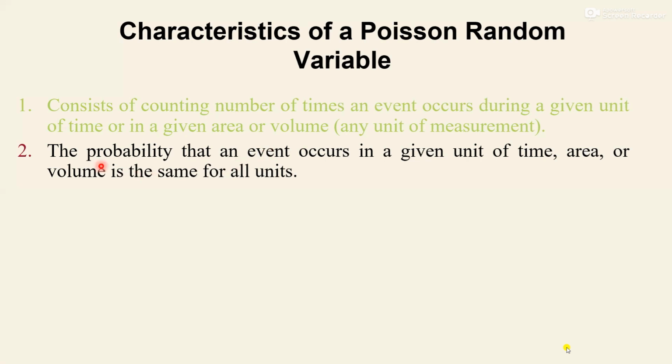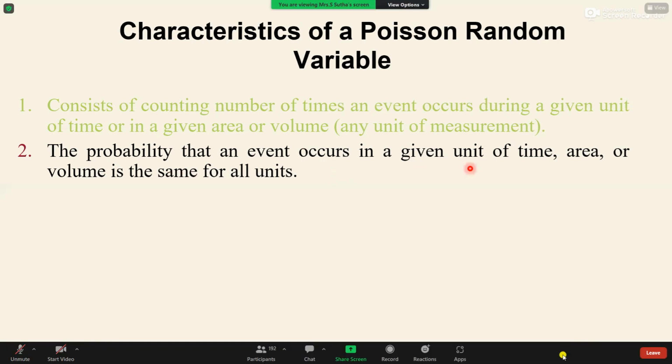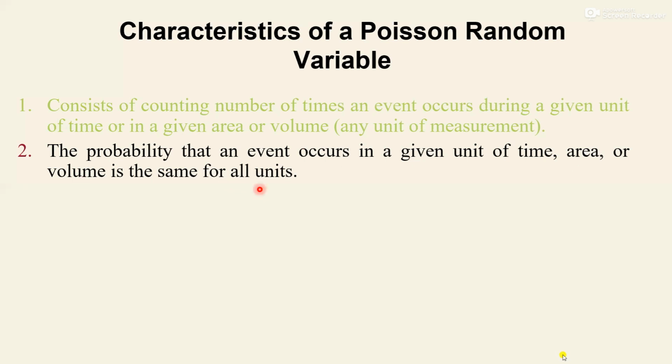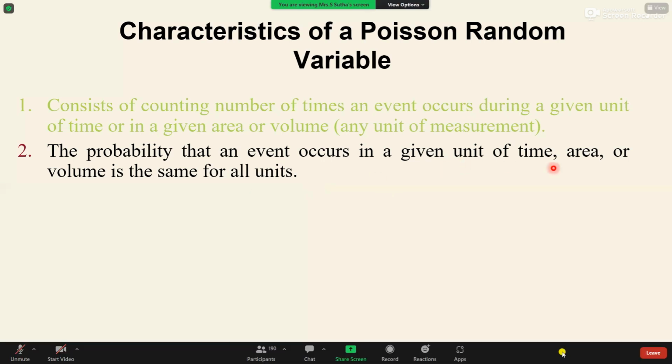Right? Then the probability that an event occurs in a given unit of time, area or volume is same for all units. In the binomial, the probability of success is same in all trials, but here also the probability that an event occurs in a given unit of time, area or volume is same. We are taking a 1 hour time, then another 1 hour time, then another 1 hour time.